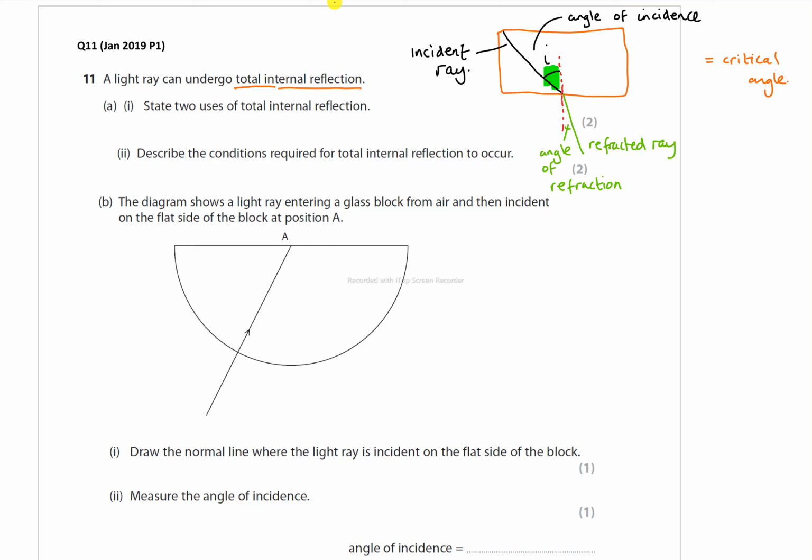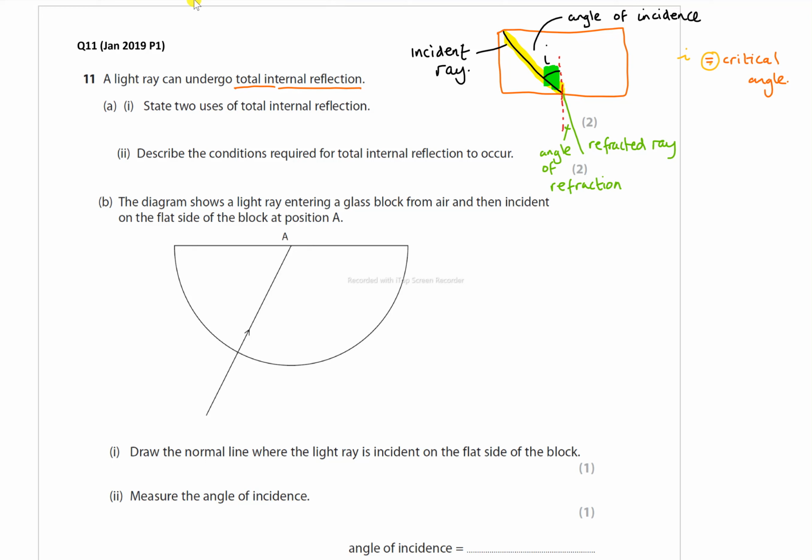So what's going to happen is the ray is going to come in, and if it's equal, you'll get some running along the boundary and some reflecting back. So does that make sense? So it goes that way when I equals the critical angle.